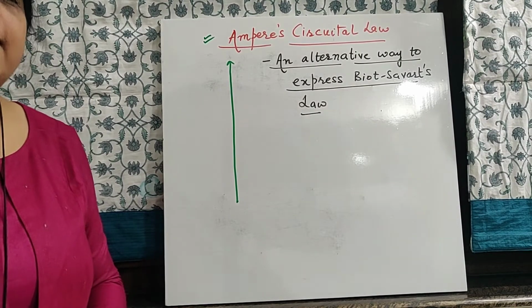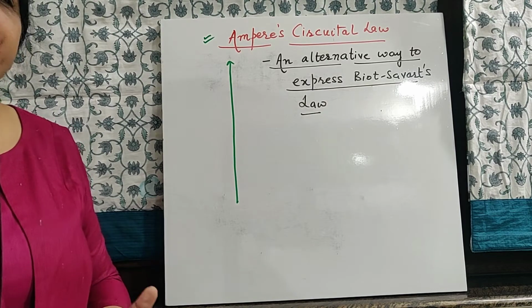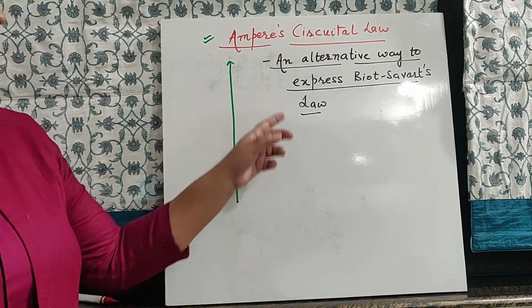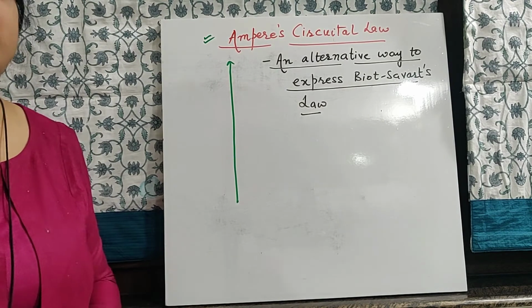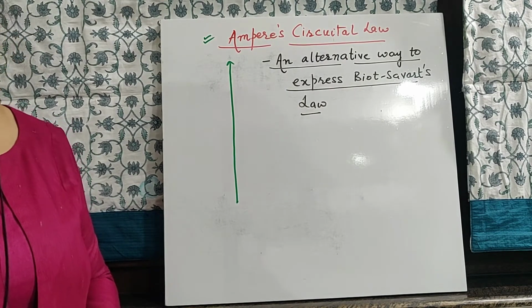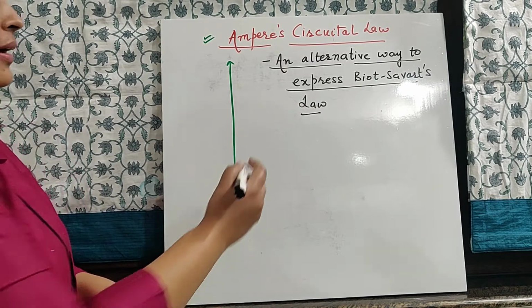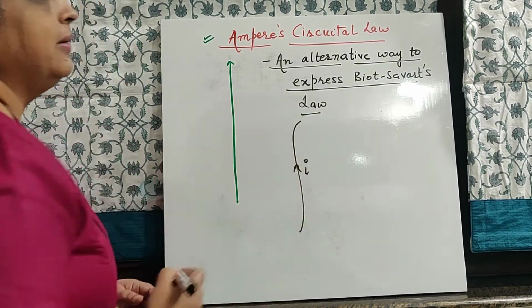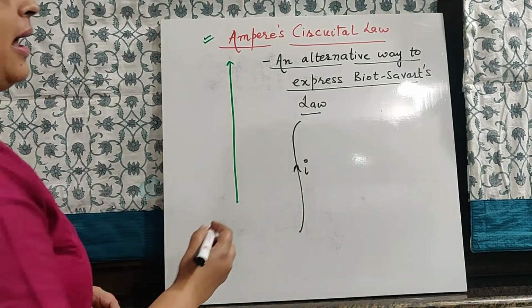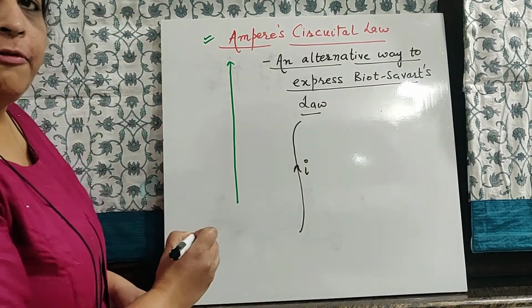Hello students, in the previous video we have already learned about Biot-Savart's law, which helped us in finding out the magnetic field due to an infinite current carrying conductor at any given point, and we know what the formula for this was.